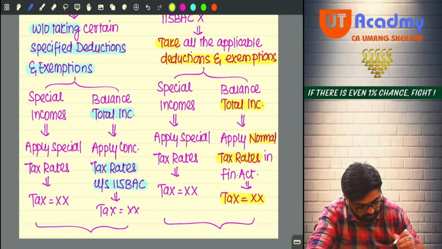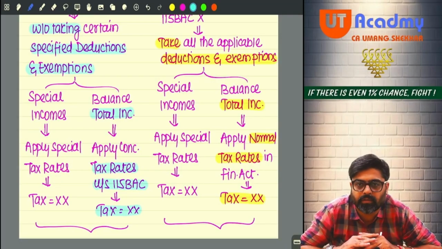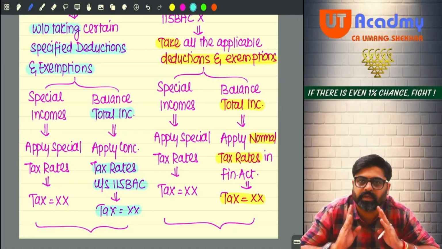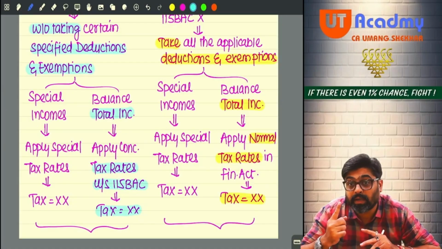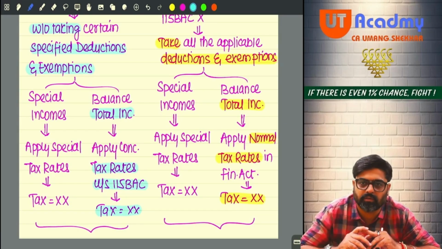Then you calculate this tax. Both the taxes will be different. Now what are the normal tax rates? Have I explained what the normal tax rates are? In the very first chapter only we have studied the normal tax rates. What are the special tax rates? We all know. LTCG how much tax rate, STCG how much tax rate, and winnings income how much tax rate. We all know that also.